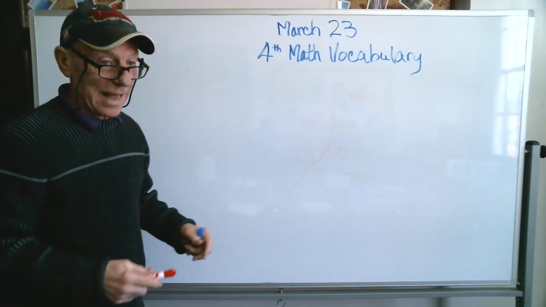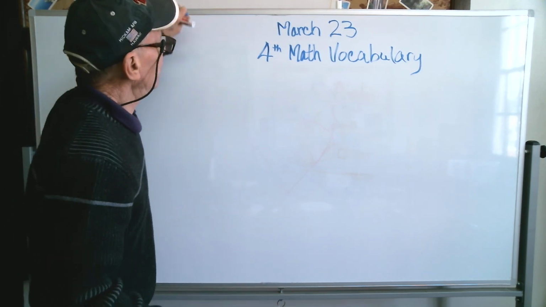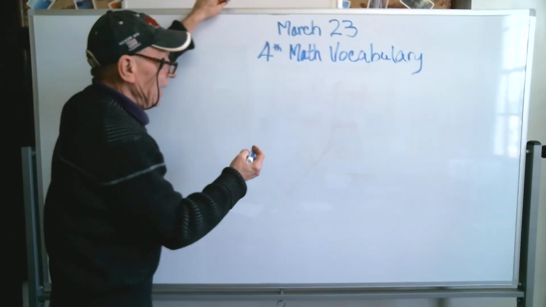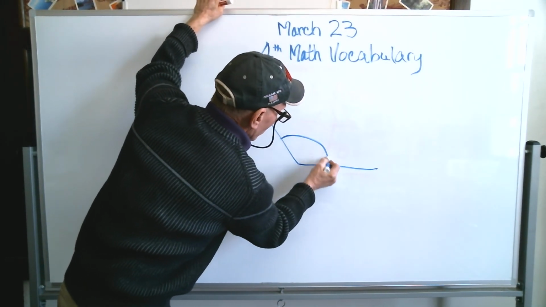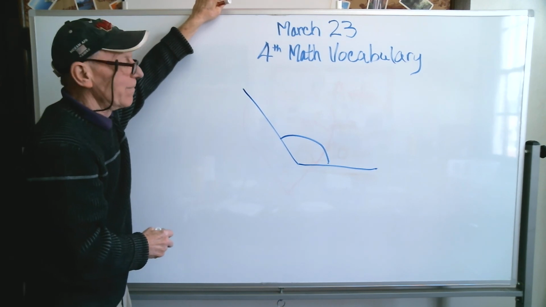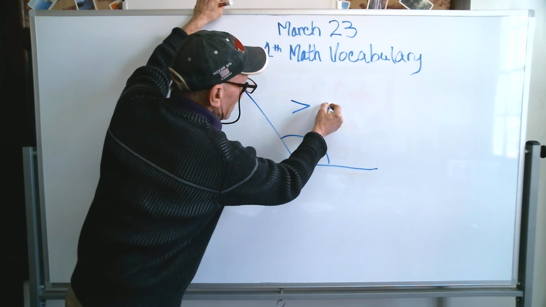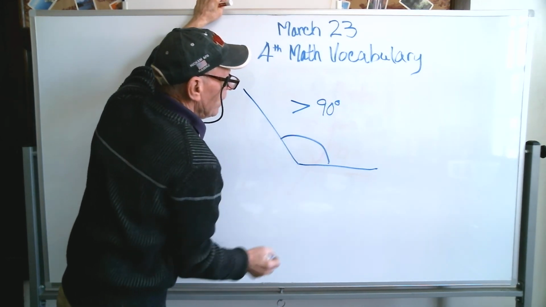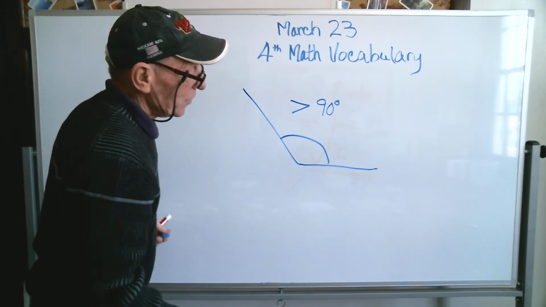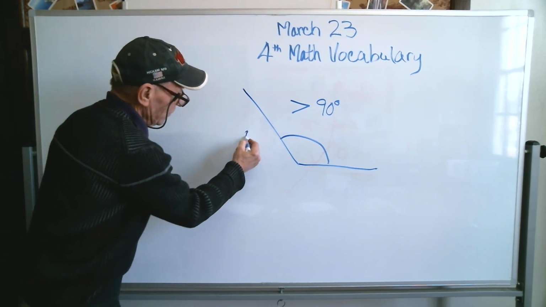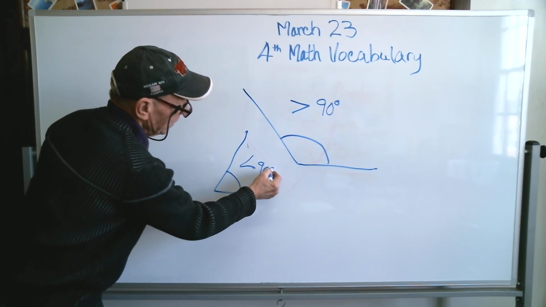An obtuse angle. Now, obtuse, O-B-T-U-S-E, obtuse angle is an angle where the angle itself, this angle is greater than 90 degrees, as opposed to the acute angle, which was less than 90 degrees.